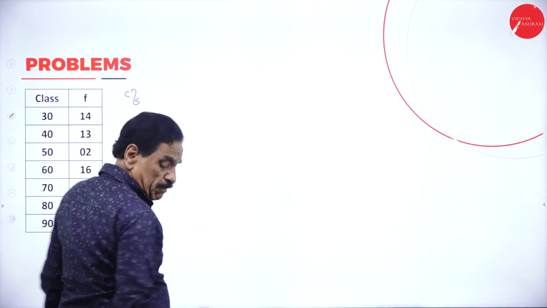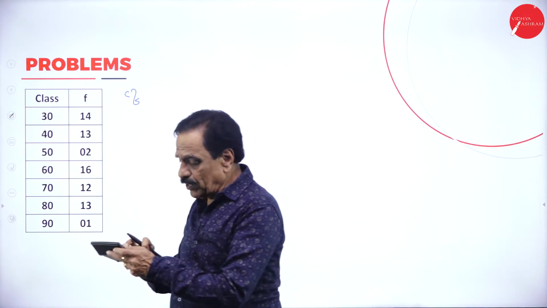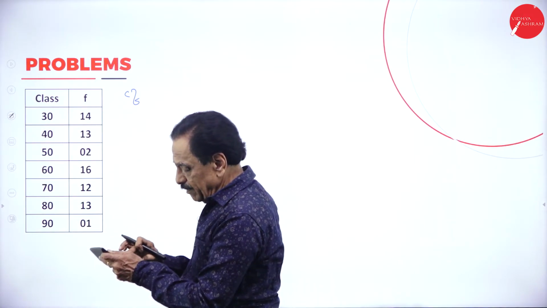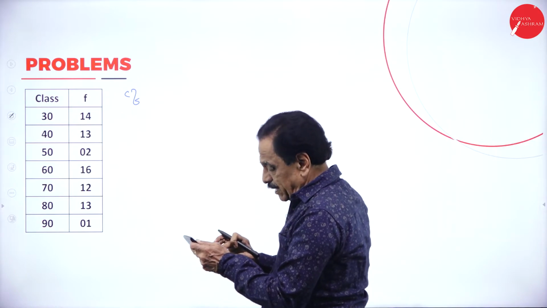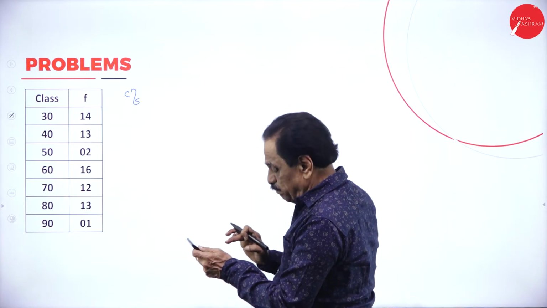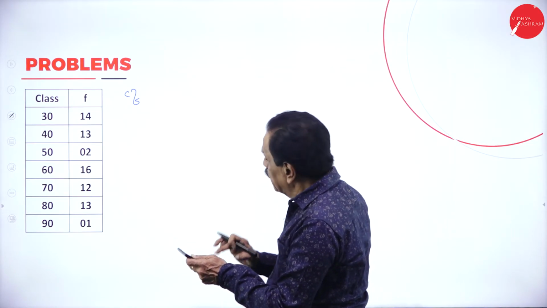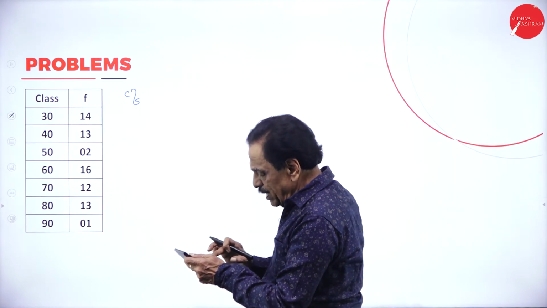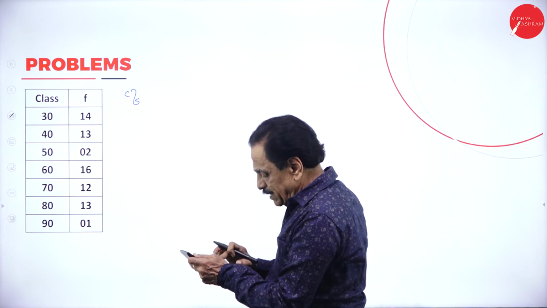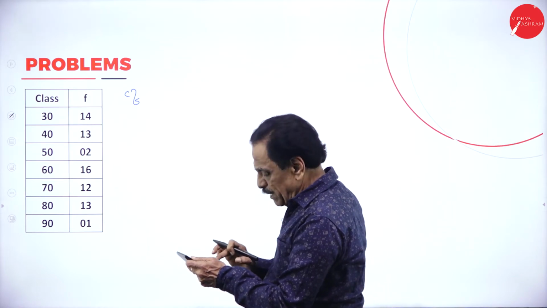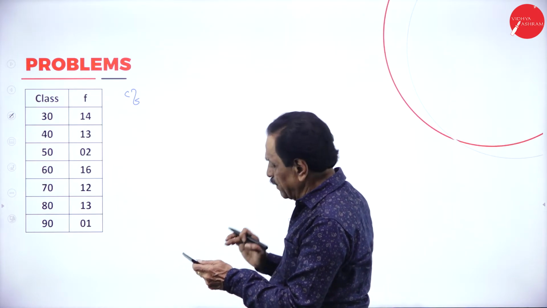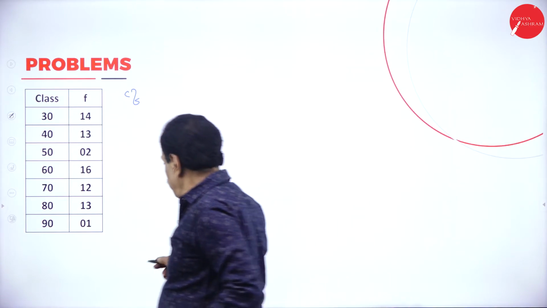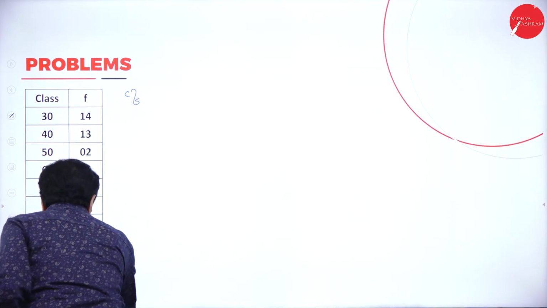What is the first one? It is 14 plus 13 plus 2 plus 16 plus 12 plus 13 plus 1, which is equal to 71. Your total is 71.